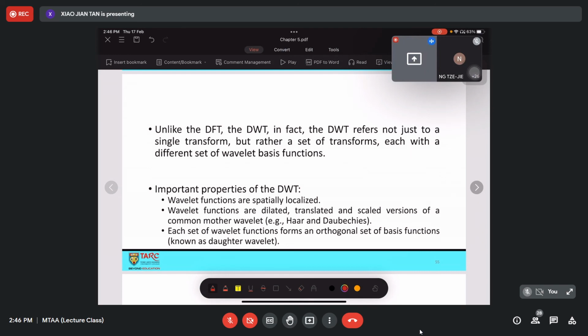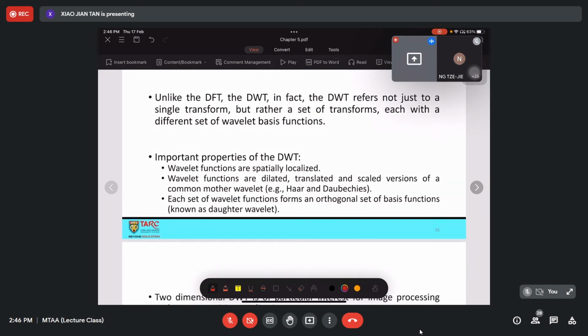The important property of DWT is that wavelet functions are spatially localized. Wavelet functions are dilated, translated, and scaled versions of a common mother wavelet, such as Haar or Daubechies. Each set of wavelet functions forms an orthogonal set of basis functions known as daughter wavelets.